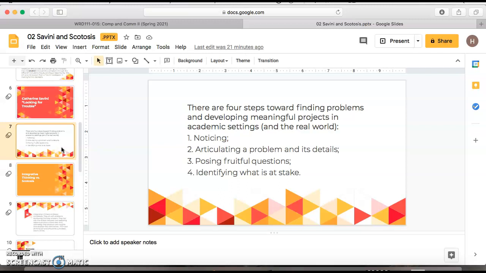Her first step was noticing, and you can notice that the examples of everyday research that I just gave follow these 4 steps. So you notice, then you articulate a problem and its details, then you pose fruitful questions, and then identify what is at stake. And in your final projects in this class, you'll actually be taking that a step further and looking at what is a solution to this problem.